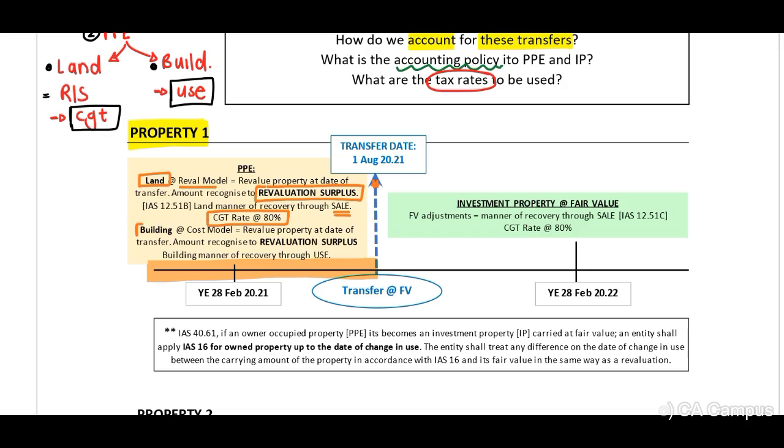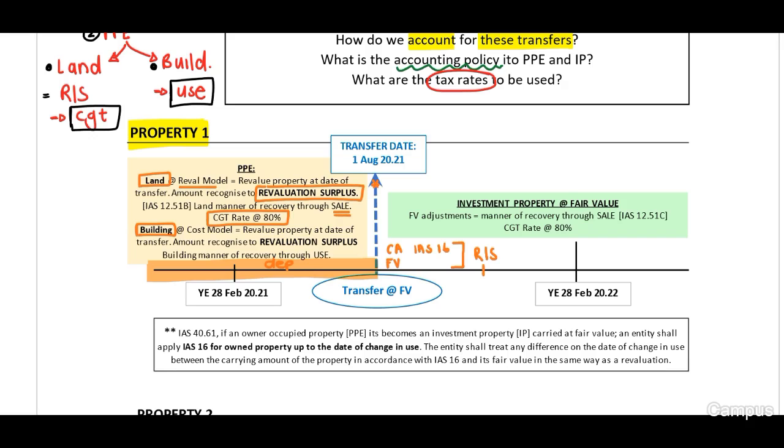If we look at our building cost model, we will have to depreciate our building up until date of transfer. We need to then determine our carrying amount in terms of IAS 16, then obtain the fair value, and that difference we will treat as a revaluation surplus, even though this is a cost model.